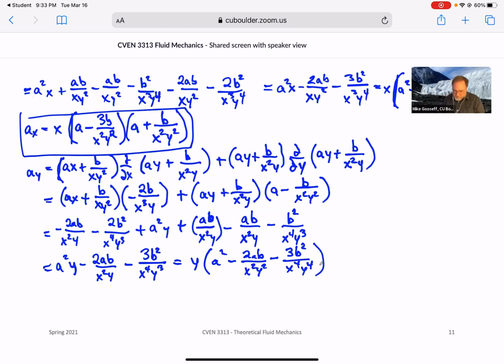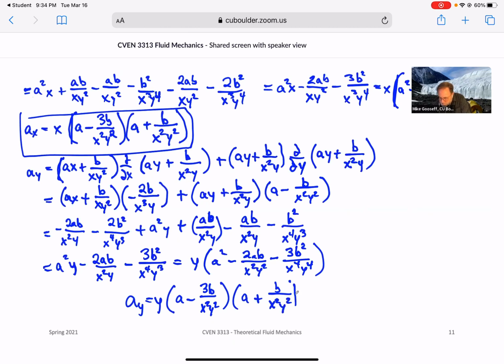Okay, and all of this comes down to ay being equal to y times a minus 3b over x squared y squared times a plus b over x squared y squared. Oops, that should be a parenthesis. Okay, so there we go.